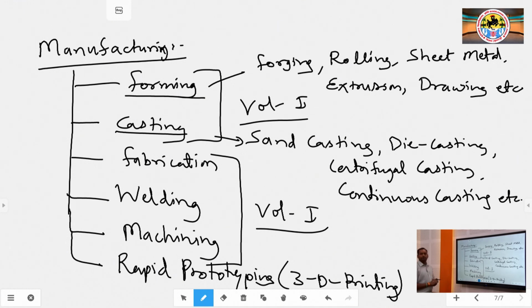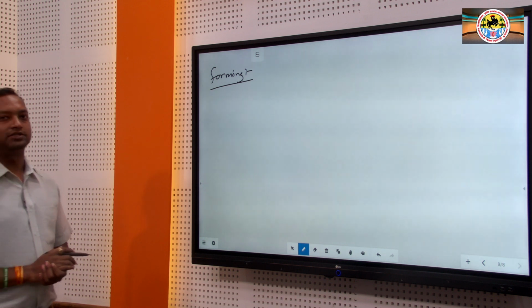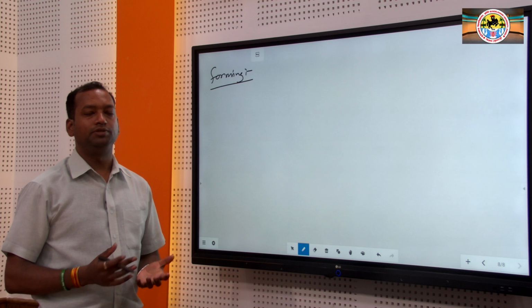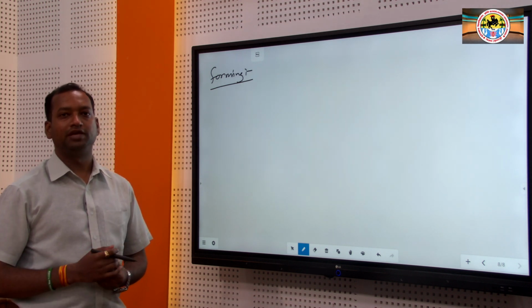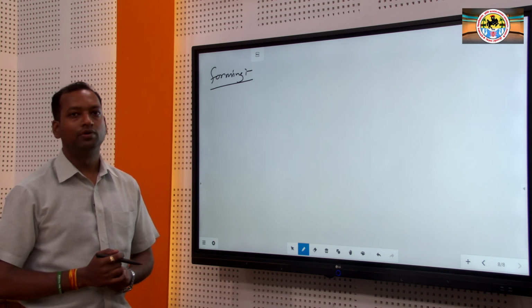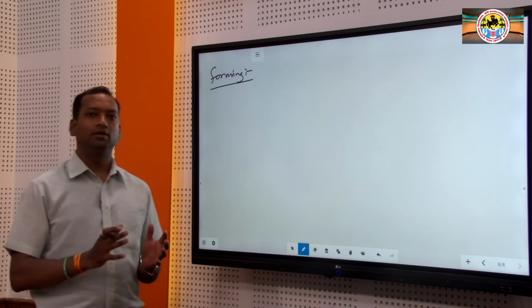Here, first of all, I would like to discuss the forming operations. To continue with forming, we have to know what it is. Forming is defined as the requirement of the material to be changed into a desired shape and size with the help of some processes, like forging, which I already told you, like rolling, where we reduce the amount of material in bulk.